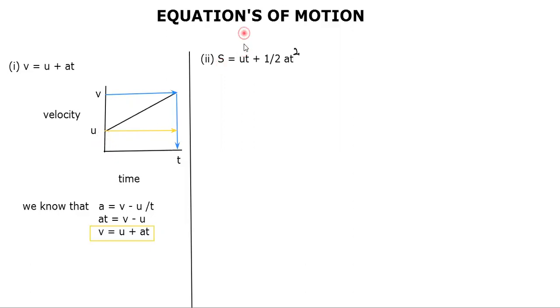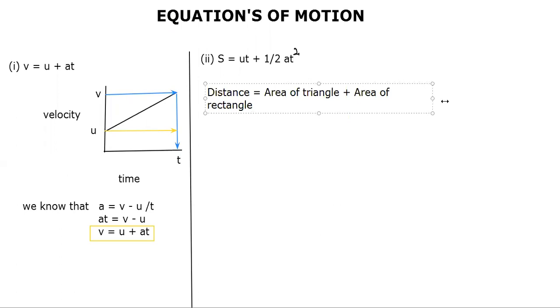So first we write that distance is equal to area of triangle plus area of rectangle. Distance can be calculated by this method.